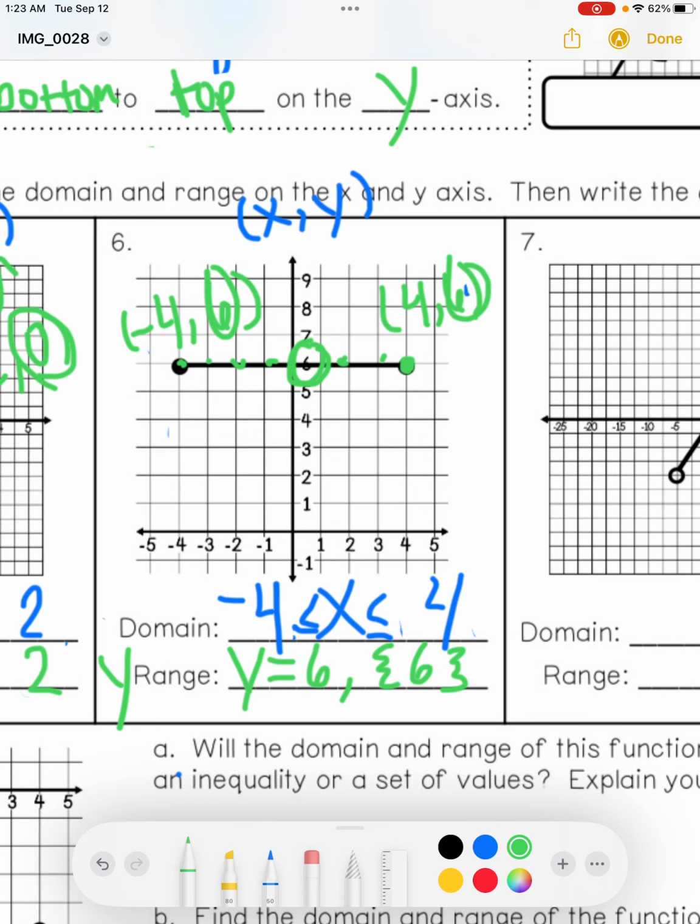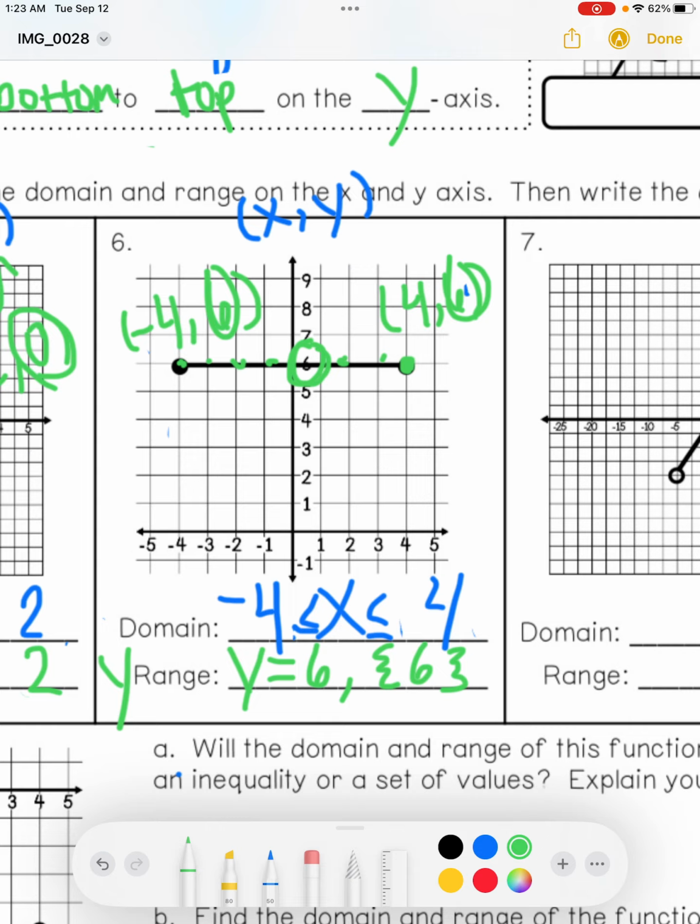We have to use the inequalities when we move on the graph, right? Because for domain, if I look at the x values, I had -4, -3, -2, -1, like all of those numbers, and all the decimals between them, like 0.5, 1.5, 2.5. I don't want to write all those, so I use an inequality. But because for the range, I only have one number, we just can write that one number.